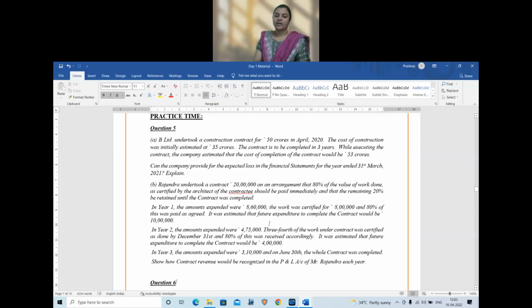Year 1, the amount expended was 8,60,000, work certified 8 lakhs. 80% of this was paid as agreed. So 80% of 8 lakhs is 6.4 lakhs.